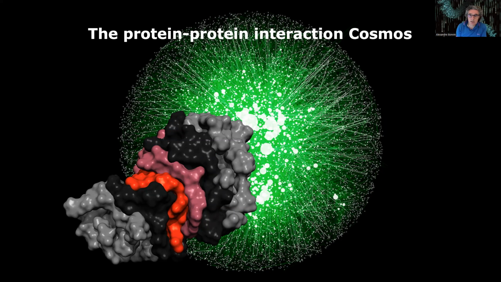If you look at these, there are a lot of data out there. Some of these data are coming from high throughput experimental techniques. Some might also be predicted. But if you do a general analysis, you will realize that there are many more connections than there are dots. So proteins interact with many partners during their lifetime.